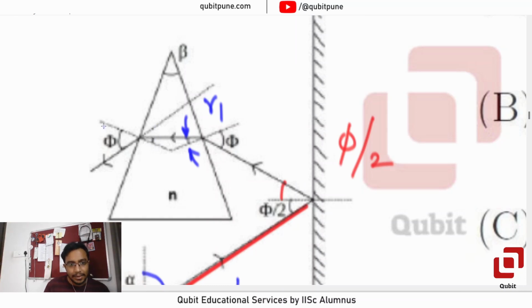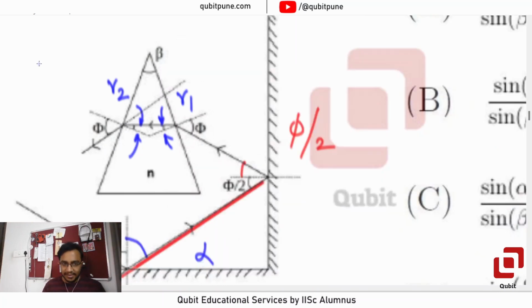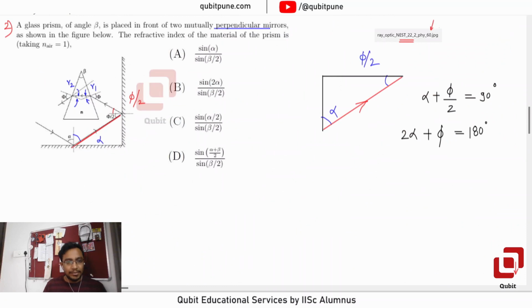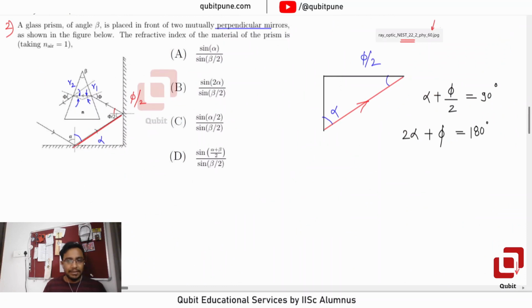This is the normal on the left face, so this angle will be R2. And if you consider the angle of emergence, that angle of emergence is again phi. So we have now successfully traced the ray of light through the prism.